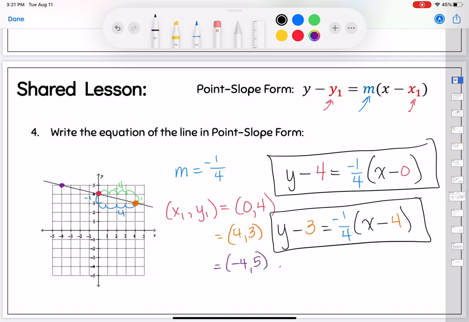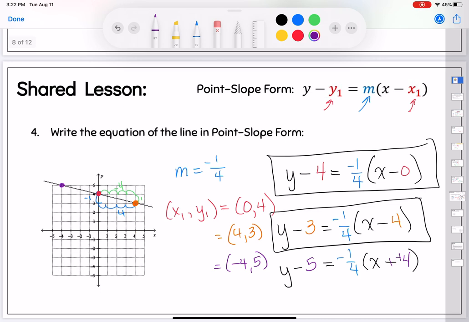So your equation would say y minus 5 equals -1/4 parentheses x minus -4. Watch your negatives on this one, though. 2 negatives here turn it to a positive.